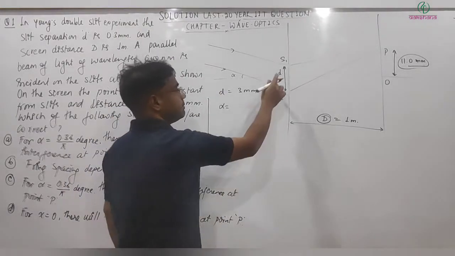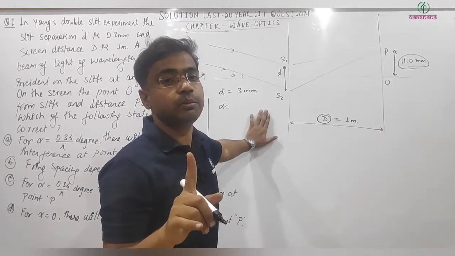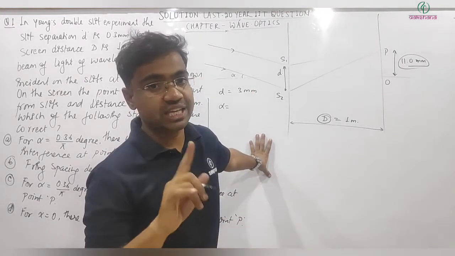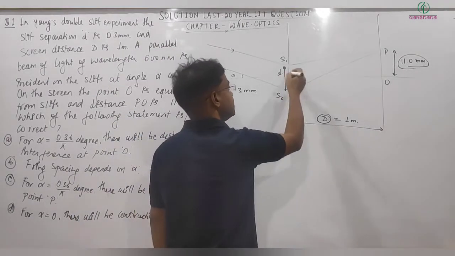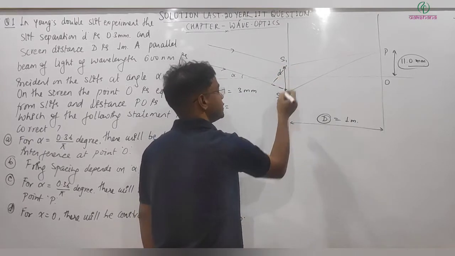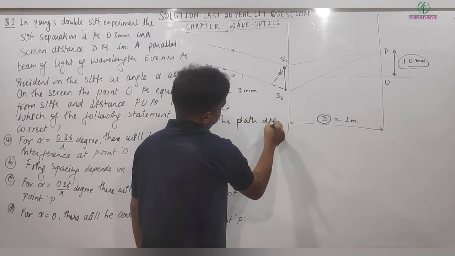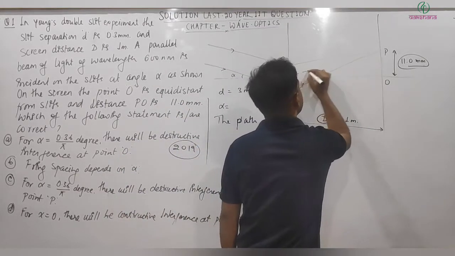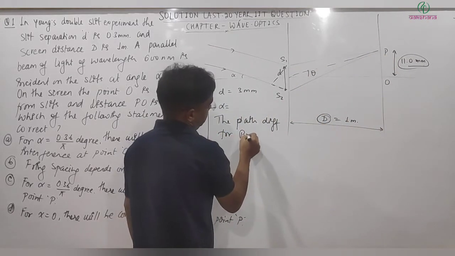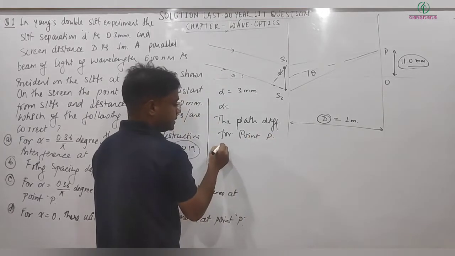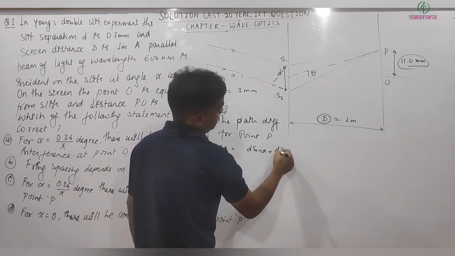This topic in wave optics is the oblique incidence case of the YDSE setup. In case of oblique incidence, in general terms I can write the path difference for point P as delta x equal to d sine alpha plus d sine theta.